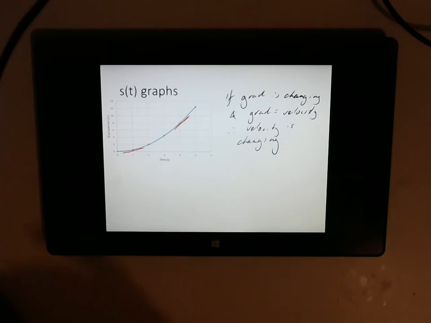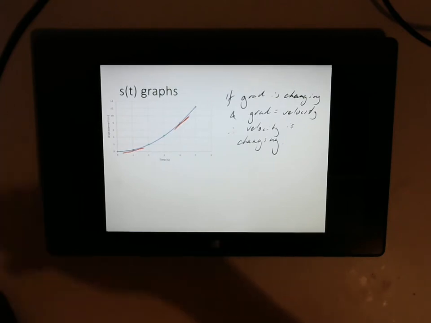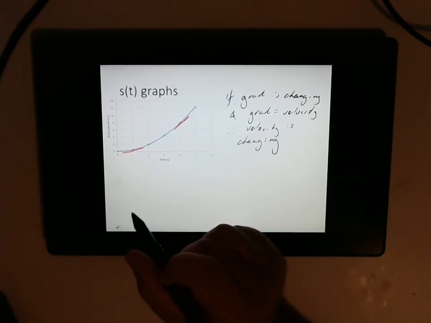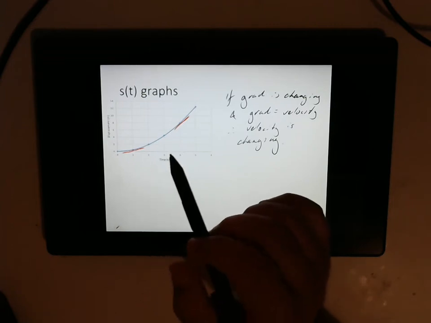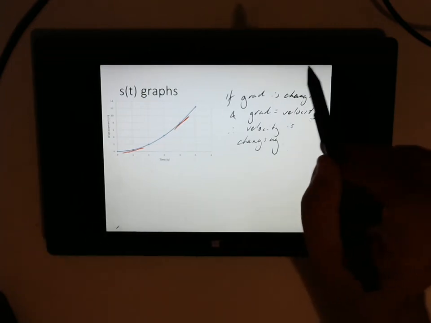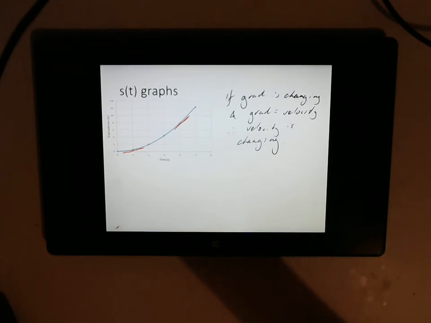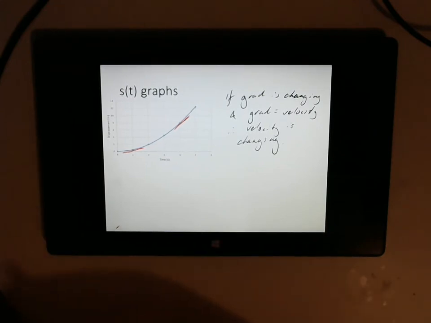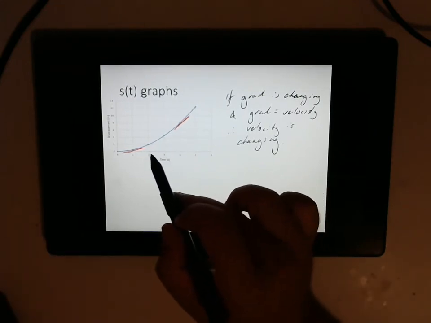So we can't use the whole line to work out a value for v at any one point. In our previous graph, we actually could. In the previous one, we could take the whole straight line and work out the velocity at any one point, because it was always going to be the same. But on here, we can't.